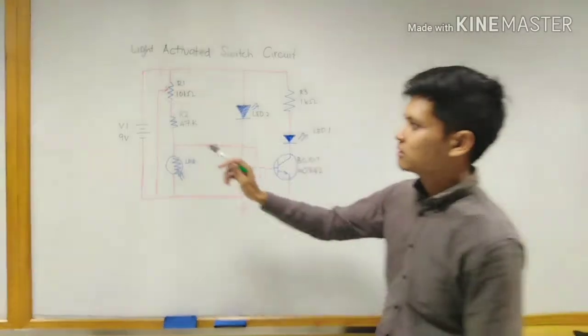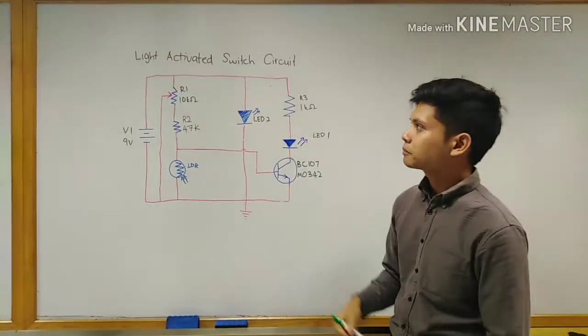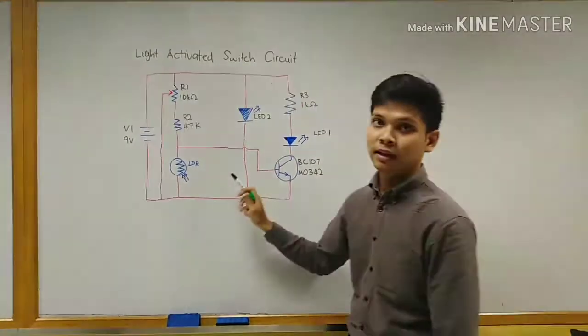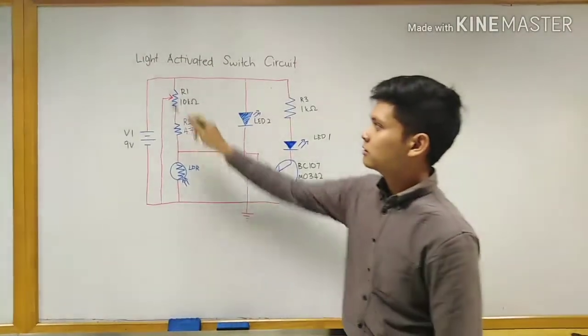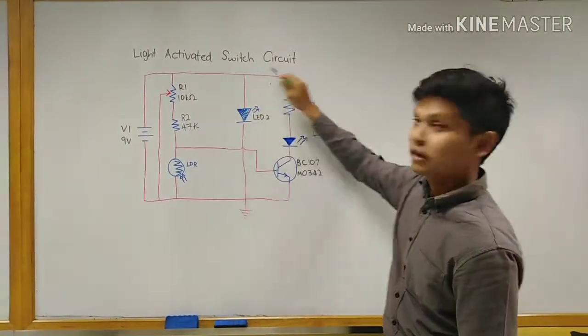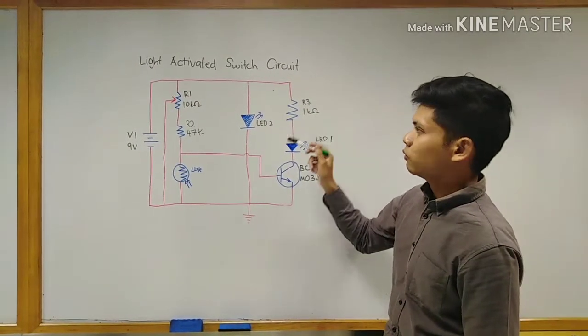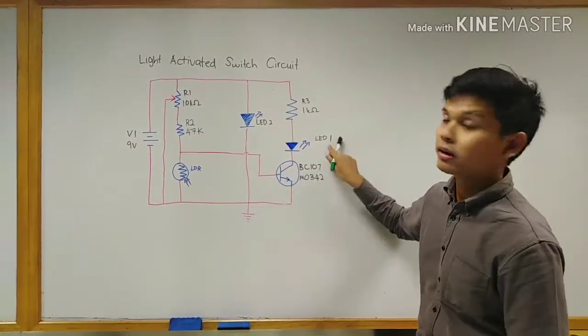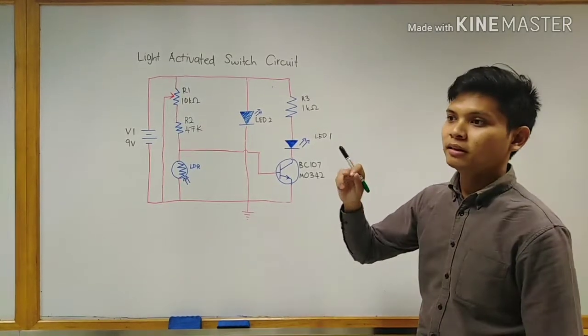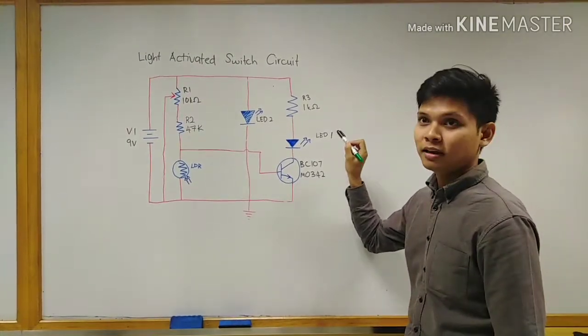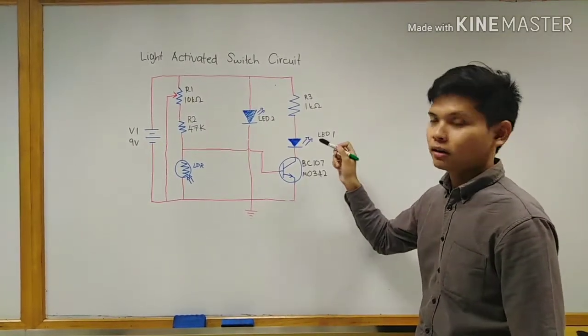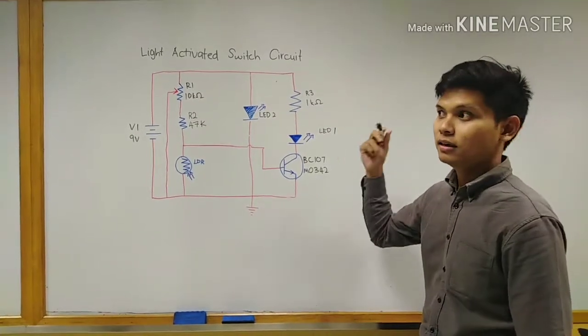This is our circuit diagram. Everything is in parallel. This is the first loop, the second loop, and the third loop. For the third, we focus on LED one. The main thing is to get LED one to be on during the night.